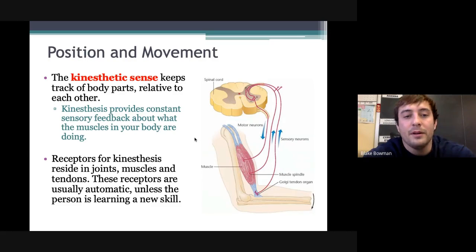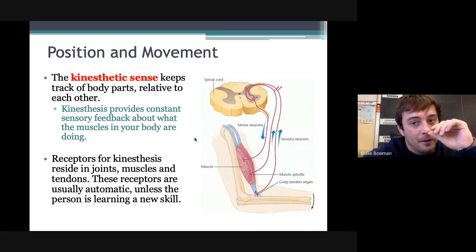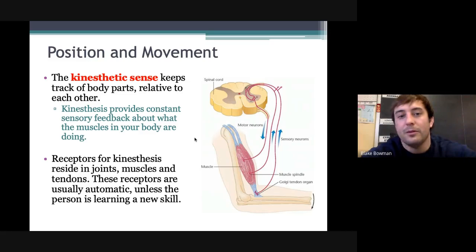Okay. Kinesthetic sense. This provides constant sensory feedback from muscles in your body of what you're doing. So again, we don't really have to think about it when we're walking, when we're grabbing things or when we're trying to type, whatever it might be. I mean, yeah, the first time we do it, we had to think about it a little bit, but we don't really remember it when we're children, babies, whatever it might be. But after some time, we don't think about it.